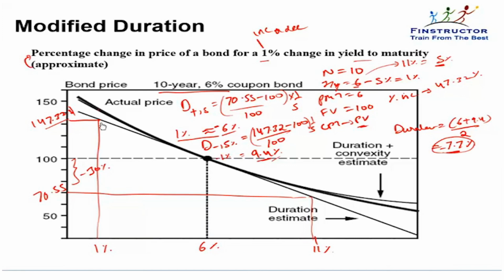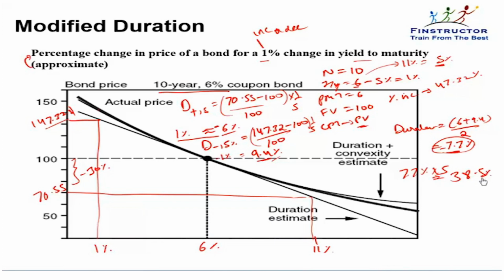If the duration of a bond, let's say, is 7.7%, how much will be the change in price for a 5% change in yield? For a 1% change, the change is 7.7%. So for a 5% change in yields, it will simply be 5 times this. That is, it will be about 38.5%.